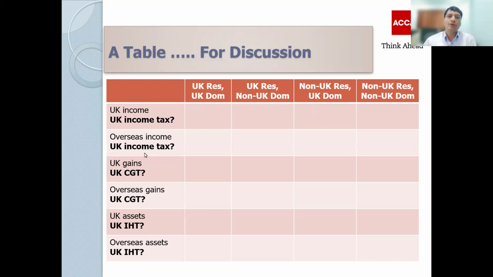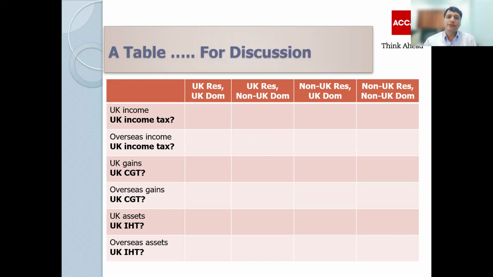Move on to the next, overseas income. If someone is UK resident, overseas income is liable to UK income tax, regardless of domiciliary status, whether someone is UK domicile or not. But if someone is UK resident and non-UK domicile, remember, non-UK domicile but UK resident, then overseas income can be claimed on the remittance basis.